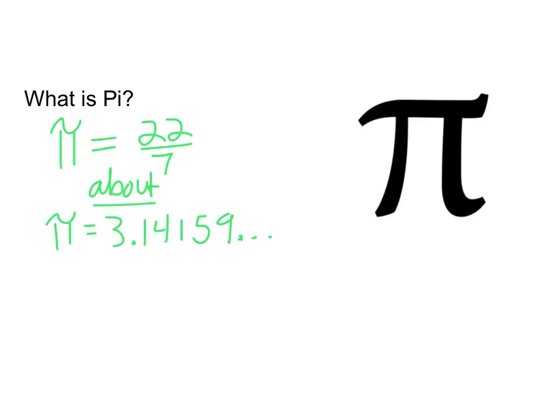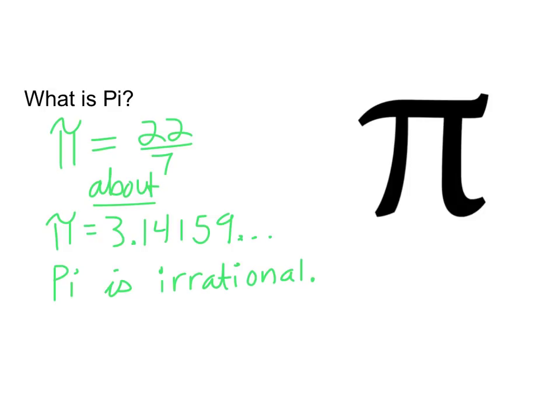Because pi, which is written out in letters as pi, is what's called an irrational number, meaning that it can't be written exactly as a fraction. So 22/7 is close, but it's not exact.